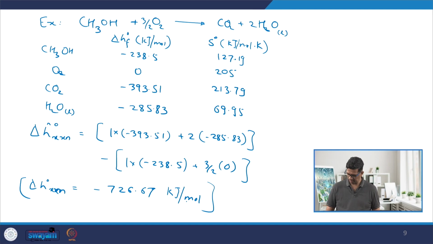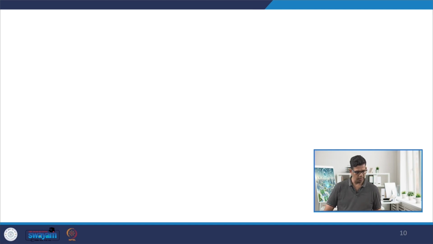Let's go ahead and find out the entropy of the reaction as well. Second step. So delta S reaction is, again we will take the same concept. We need to subtract the entropies of reactants from the products.